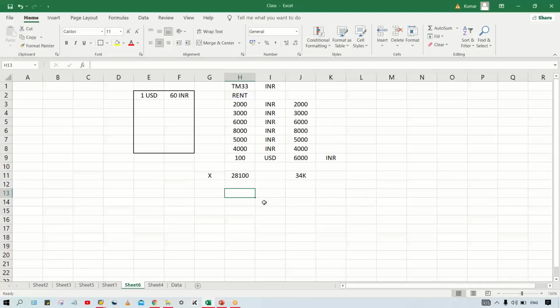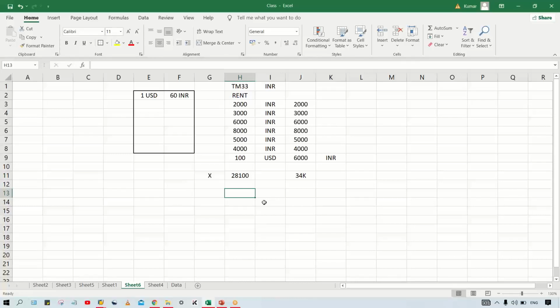Say for example, as an individual, I am planning to visit USA, or you are planning to visit USA. In that case, what is happening, guys? If you're going to visit USA, you need to have US dollars in your hand. Right now in our hand, only local currency will be there. So generally we visit certain financial institutions, that is banks.